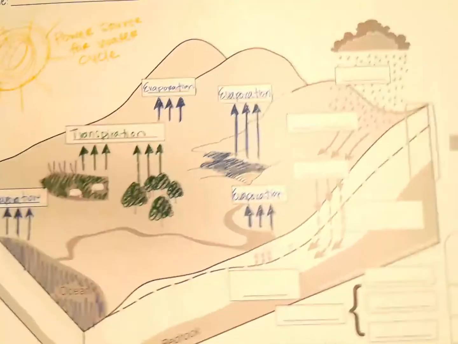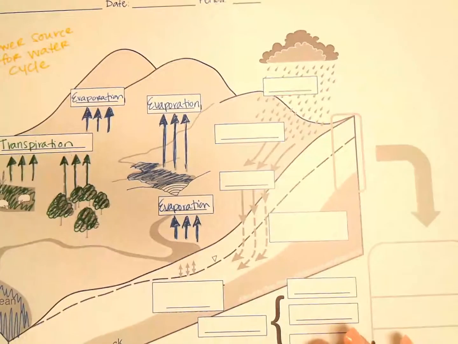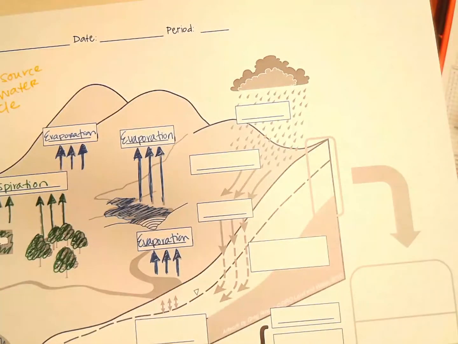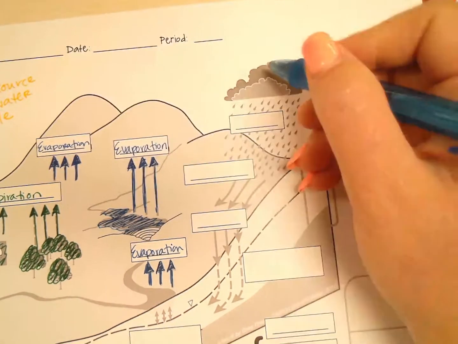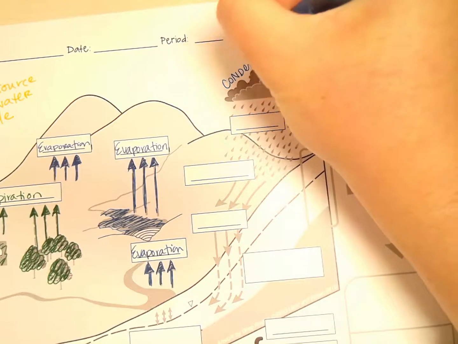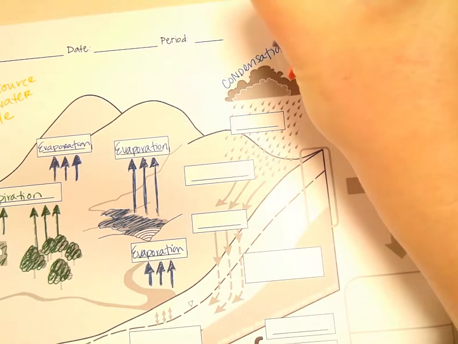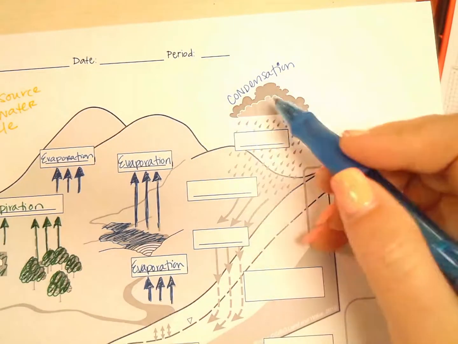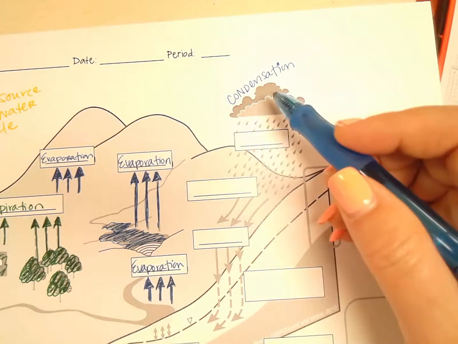Okay. All right, so now after it evaporates, we're going to switch back to our blue. What do we call it when we have cloud formation? Cloud formation is our condensation, right? When water vapor changes from a gas to a liquid in clouds. Well, clouds can only hold so much, right?